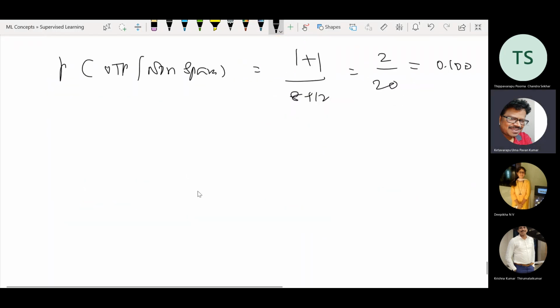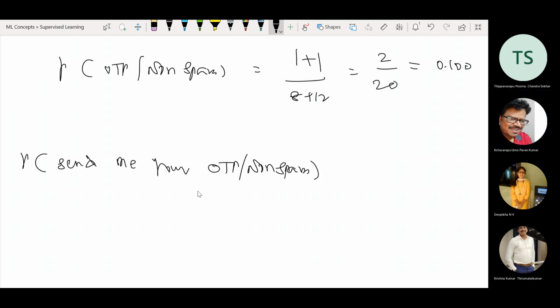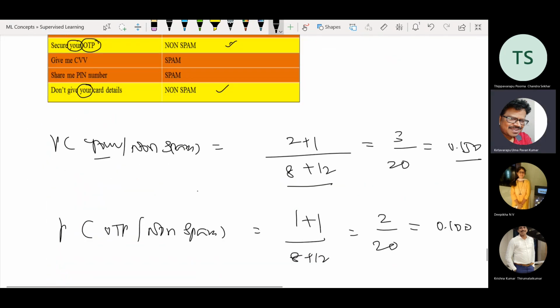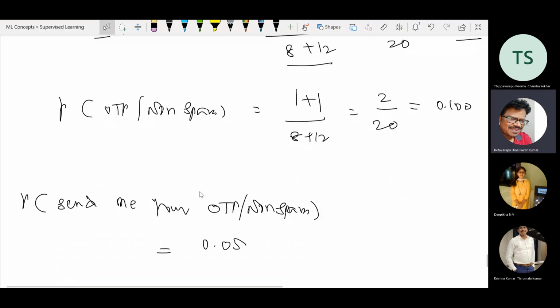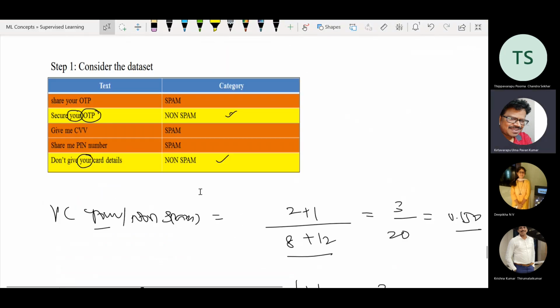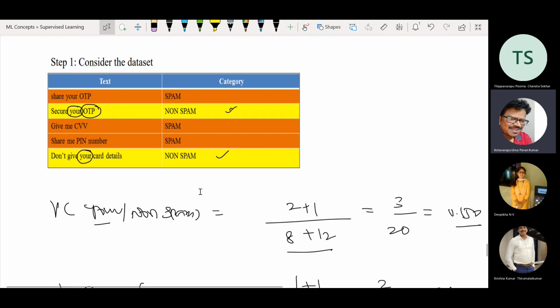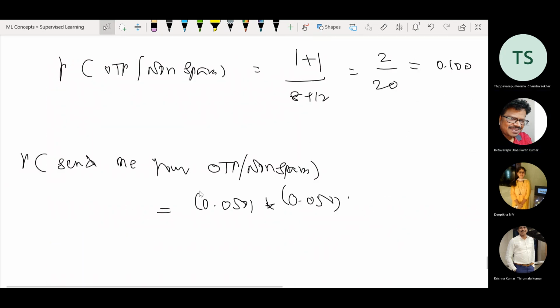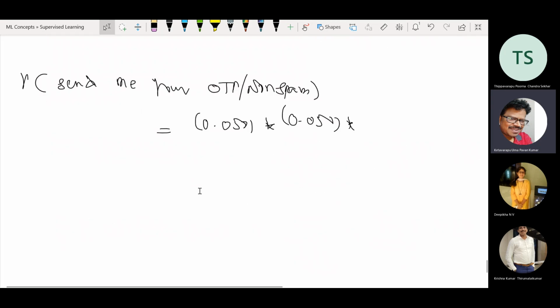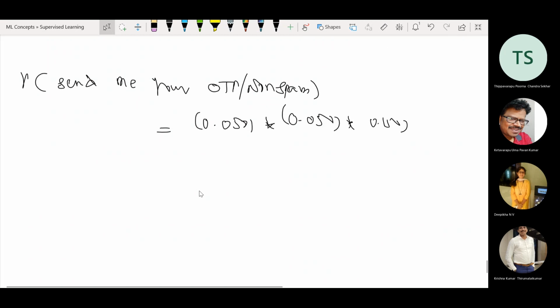Now the final equation: what should we do, friends? All these four probabilities we have to multiply. So P of send me your OTP in the non-spam category. What does it give? All my values: 0.050 into the second value, which is also 0.050, into my third value, friends, 0.150, into the other value 0.100.